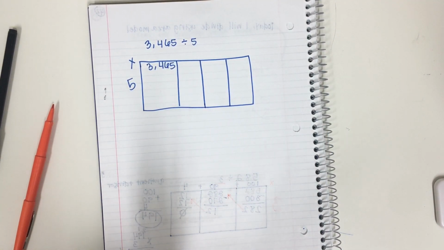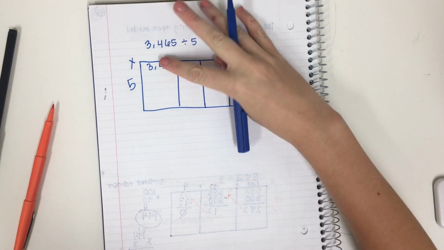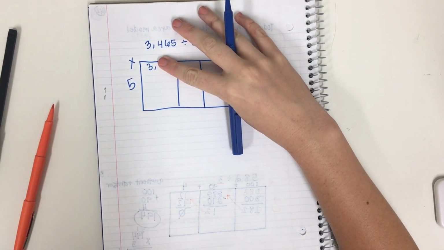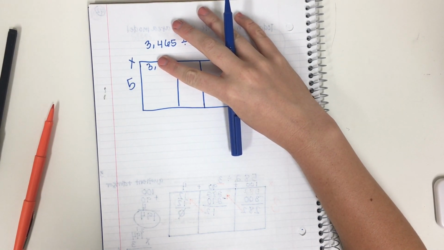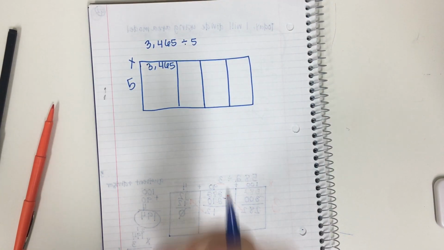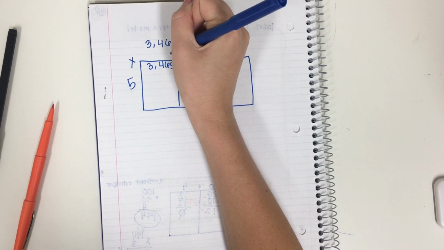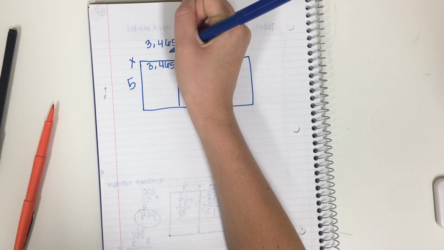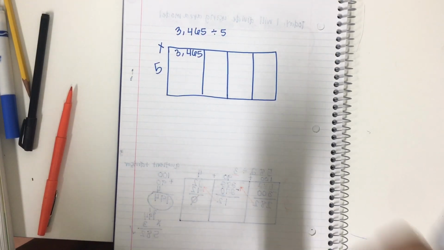All right, how close can we get to 3,000? Well, 5 times 1,000 is 5,000, so that's too much. Okay, so we got to think.